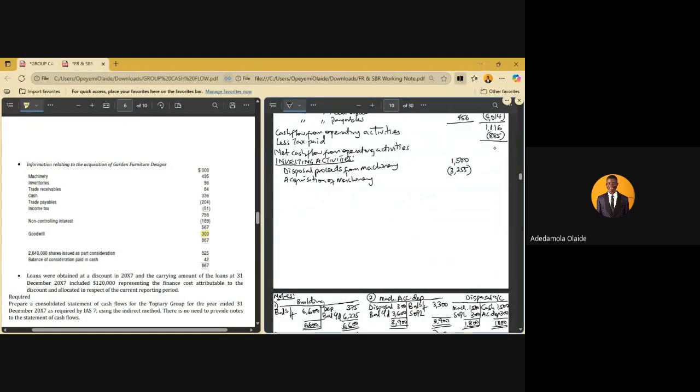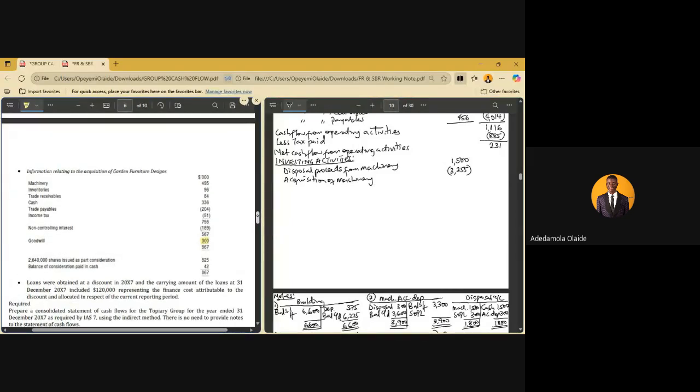So what is the net cash flow? That's 231. Okay?